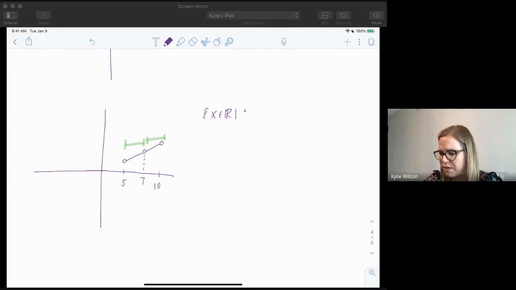So we would have 5 is less than x, which is less than 7, and then 7 is less than x, which is less than 10. You can just have different intervals separated by commas. That's totally okay too. I think that's the situation you were referring to.